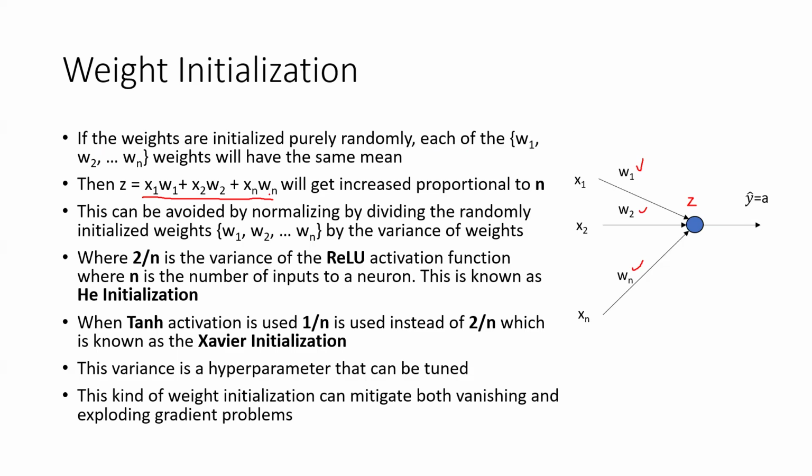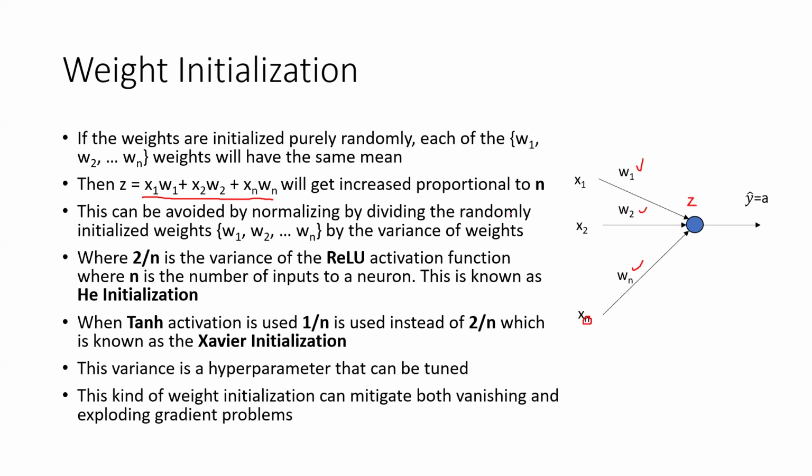When you have a large number of n values, the number of weights increases, the dimensionality increases, and this Z value will also increase. So with the value of n, the number of inputs, this Z value will increase. That is a problem which would cause the exploding gradient problem.